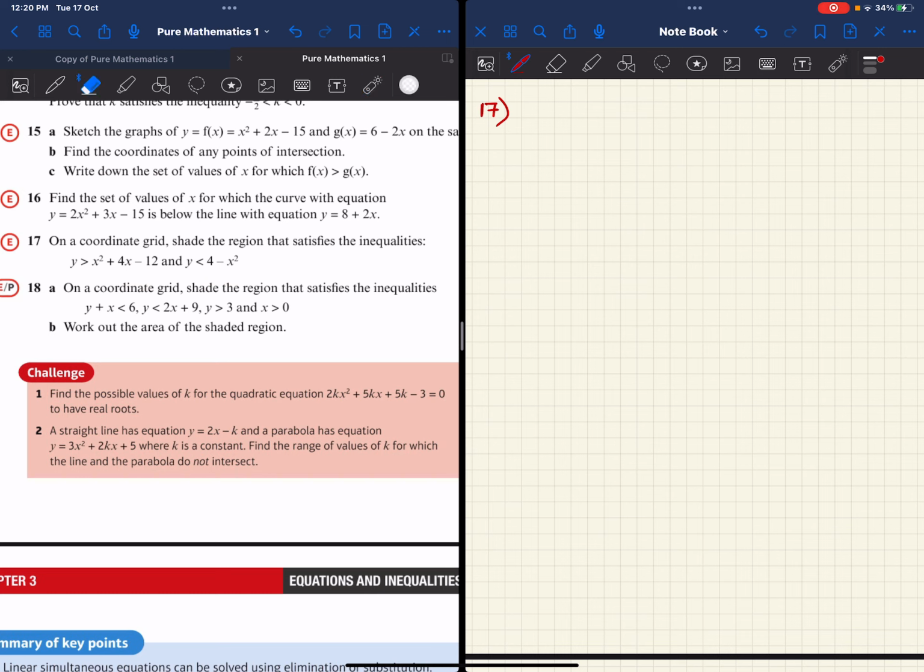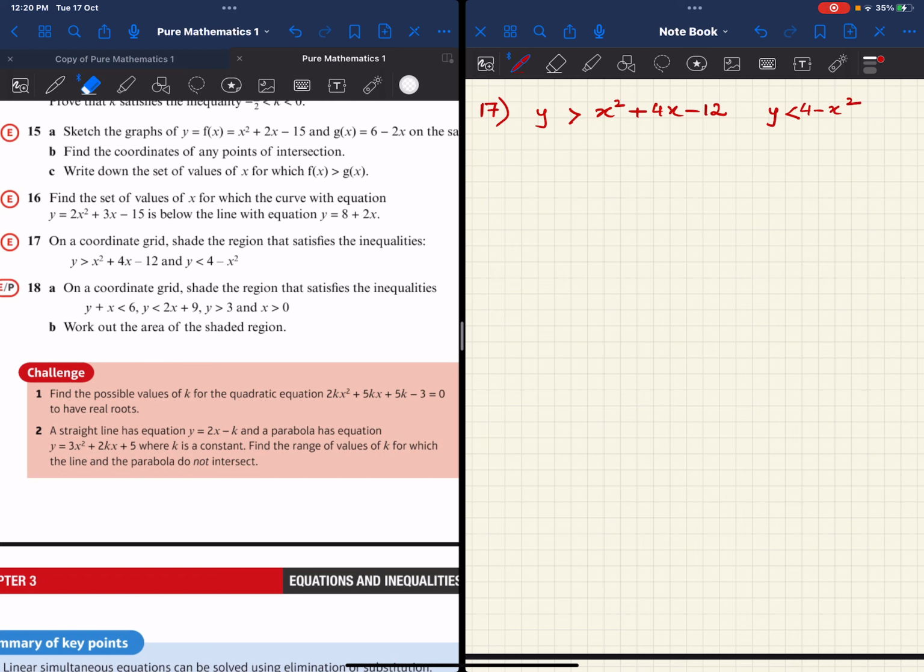I have the inequality y is greater than x squared plus 4x minus 12 and y is less than 4 minus x squared.